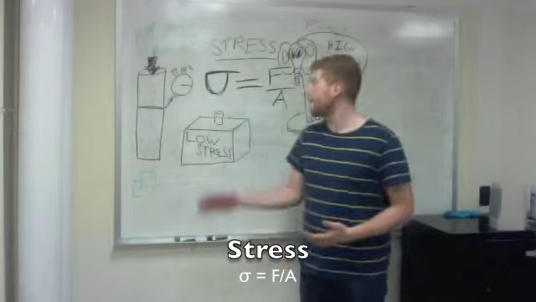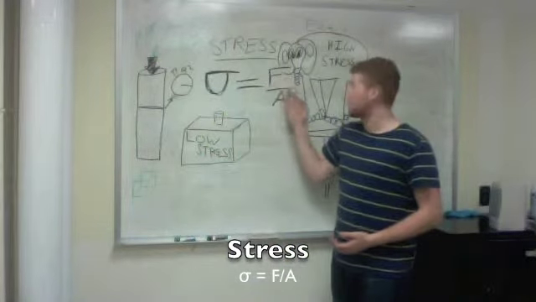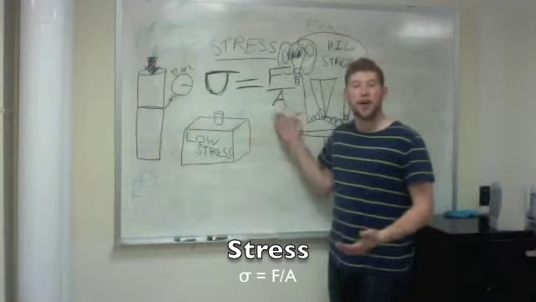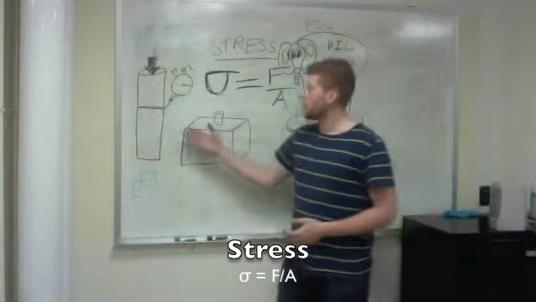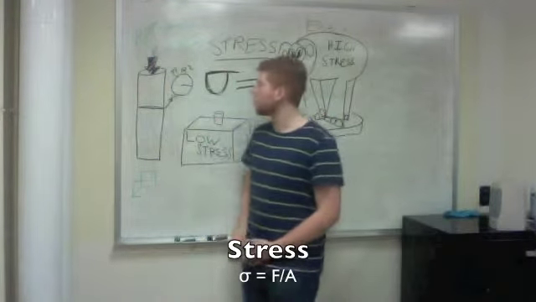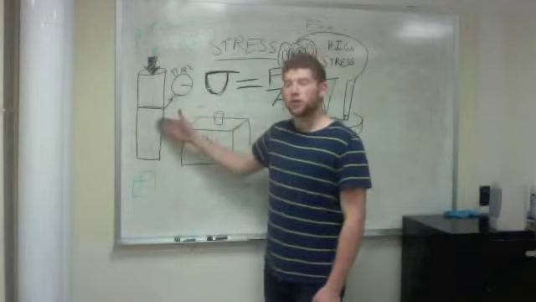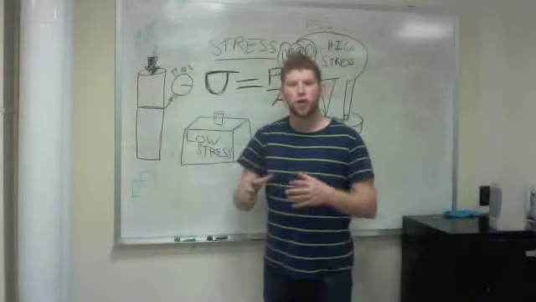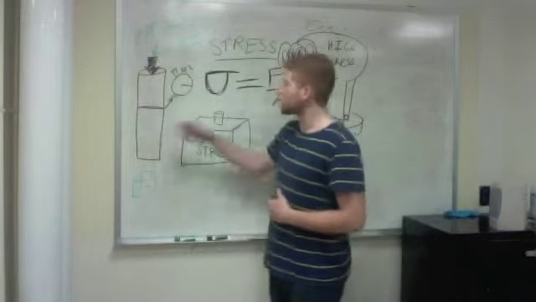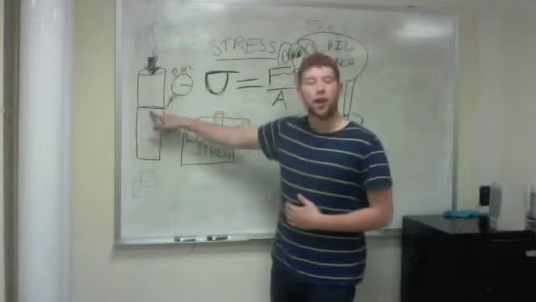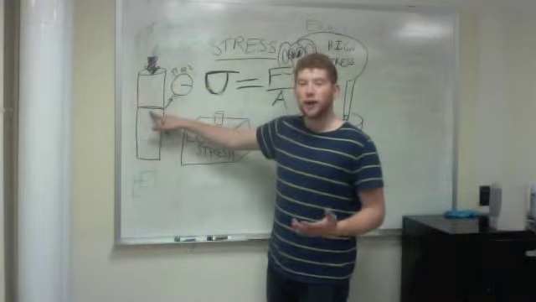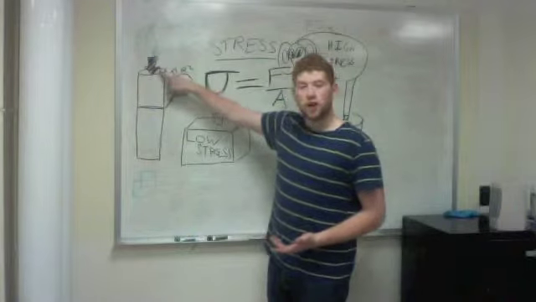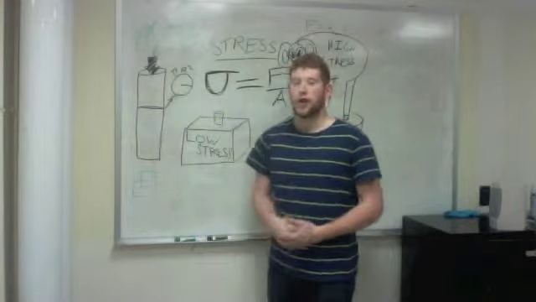Stress is defined as the force applied divided by the cross-sectional area of the thing you're applying it to. Take the cylinder, for instance. You're applying a downward force, but it also matters what the cross-sectional area of the cylinder is. At this section right here, you're applying a stress of this force divided by this cross-sectional area.